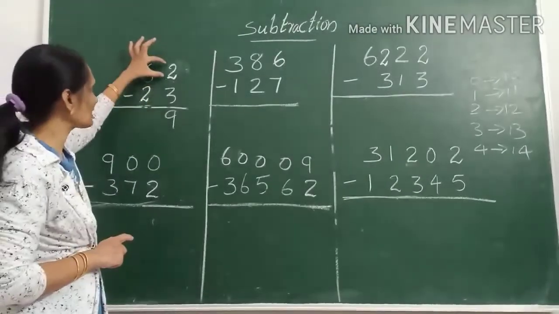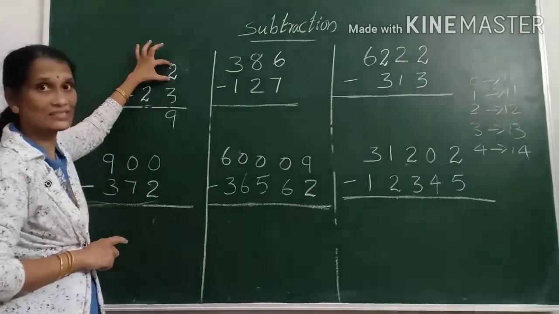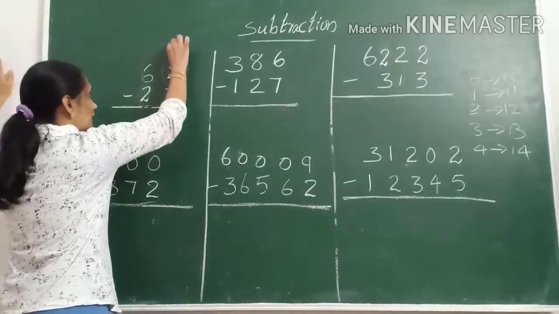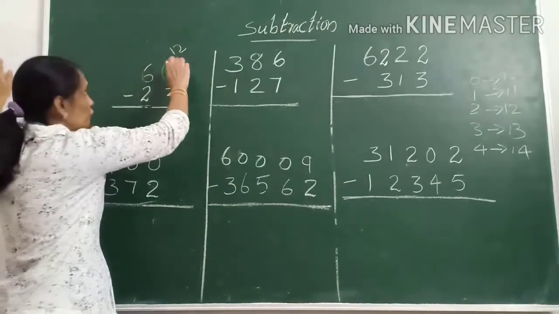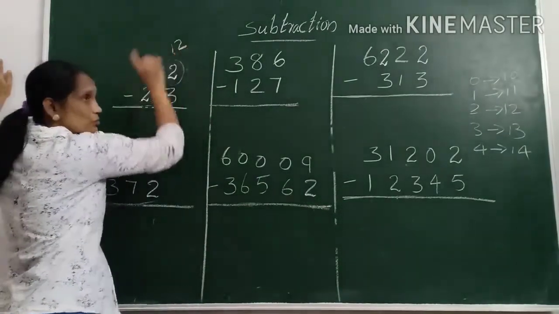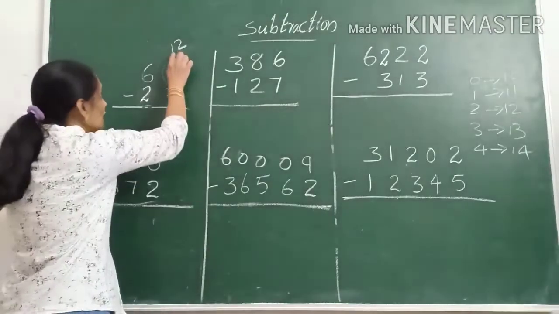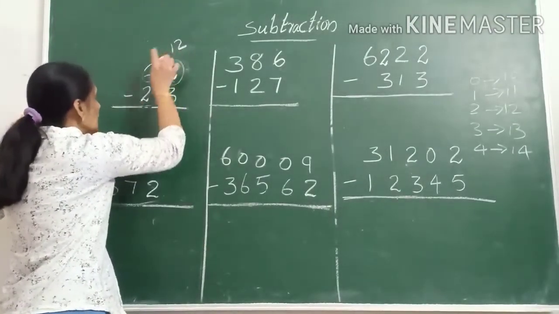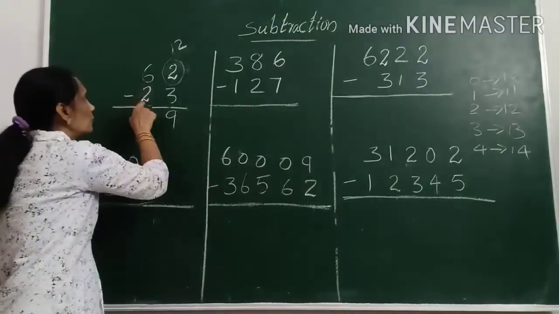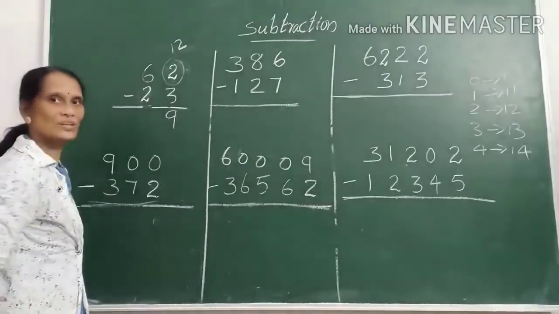Here, 1 extra in the tens place. I have considered this 2 as 12, but never write it like this. For showing you, I write it like this. So that 1 now I will add with this 2. So it will become 2 plus 1, 3. Okay, did you get it?